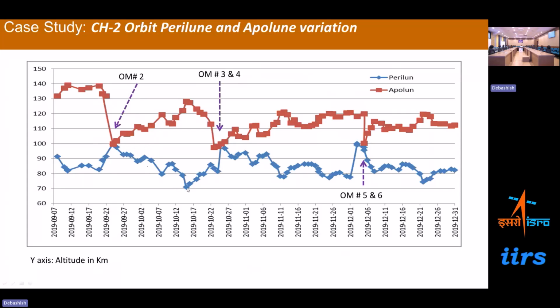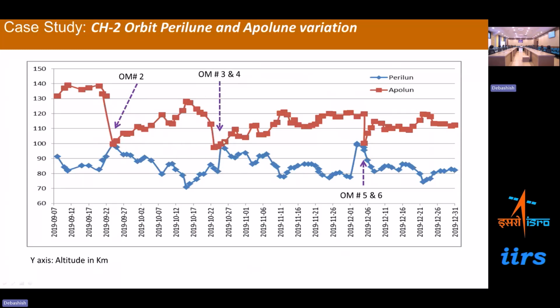It comes to 70, and the apogee altitude increases. So it is 100 by 100 maybe for only one day, but it keeps changing. If you don't do any orbit correction, after 6 months or so the perigee point will touch the Moon. So that is why, periodically, we have to do the orbit maneuver again.